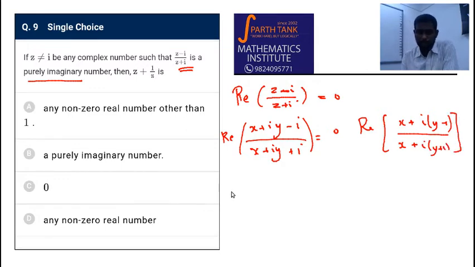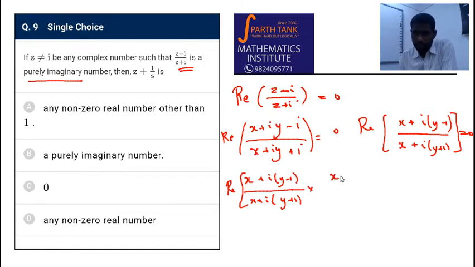Now multiplying by the conjugate, this is equal to 0 basically. The conjugate of the denominator is x minus i into (y plus 1), so I multiply by (x minus i(y plus 1)) by (x minus i(y plus 1)).